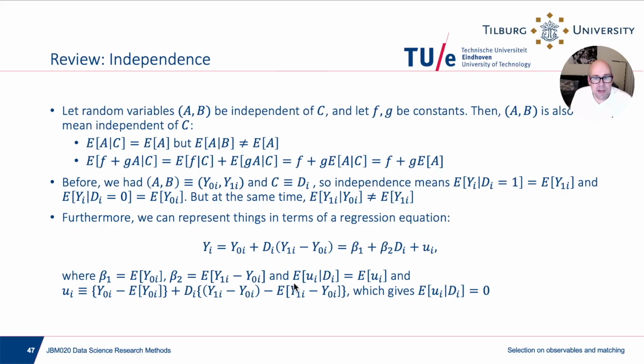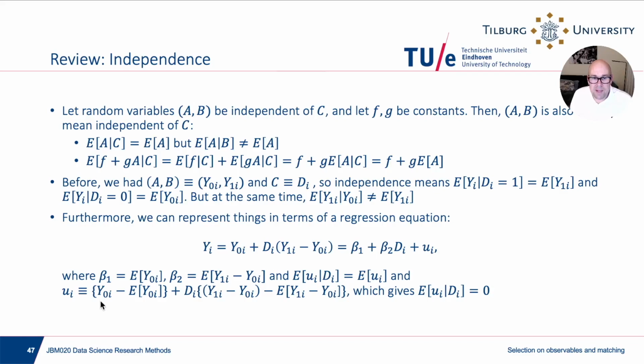Then under independence, what we do have is that the expectation of ui given di is equal to the expectation of ui. And in some sense, what is left over when I do all these things is that ui is going to be equal to all this business here. So what is ui?